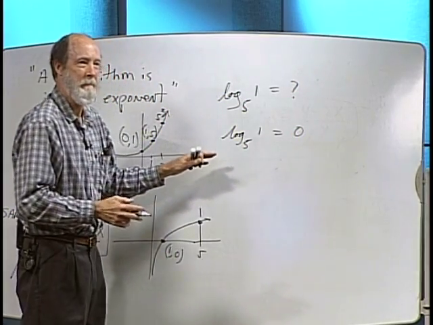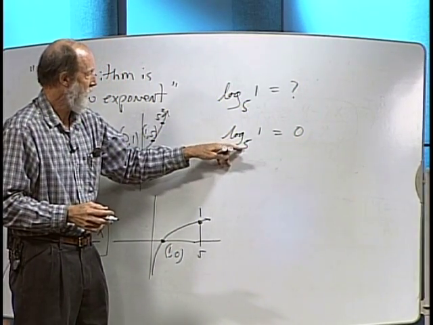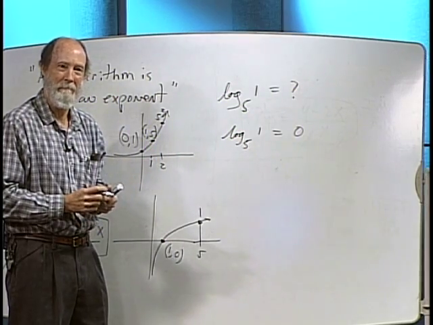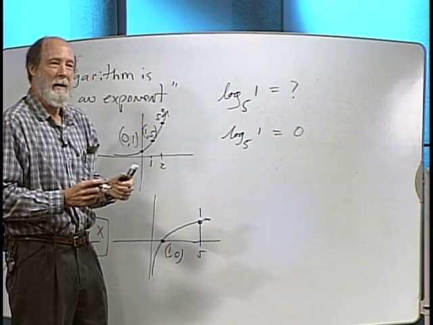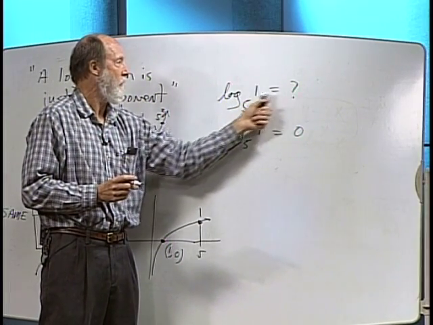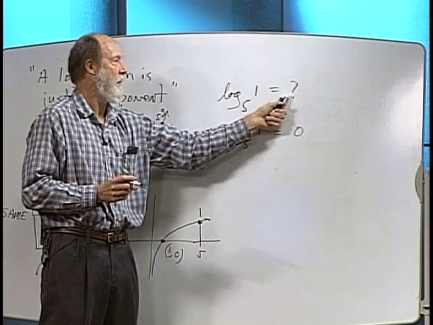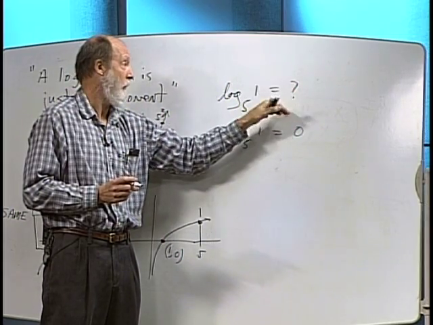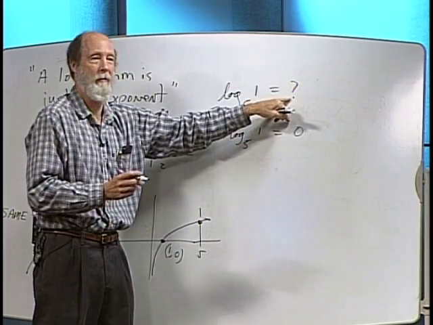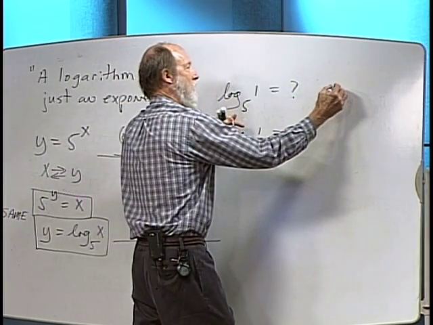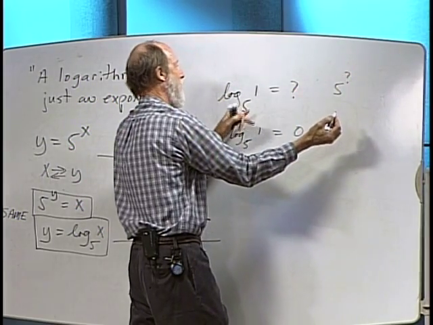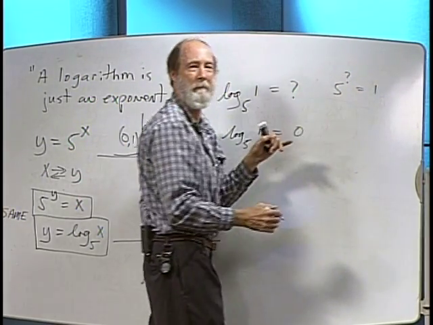What's the exponent of 5 that gives you 1? 5 to the 0 gives you 1. What would be another way of writing this first equation right here, and I'll keep the symbol for question mark in here? 5 to the unknown power, the question mark, equals 1.